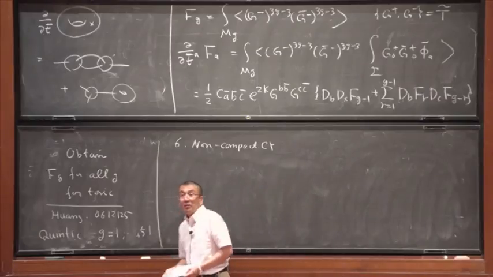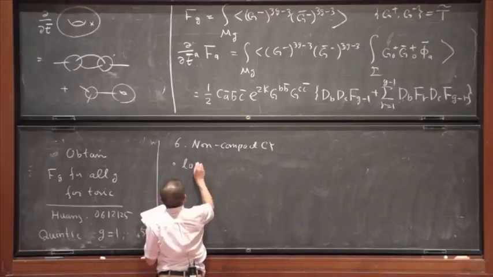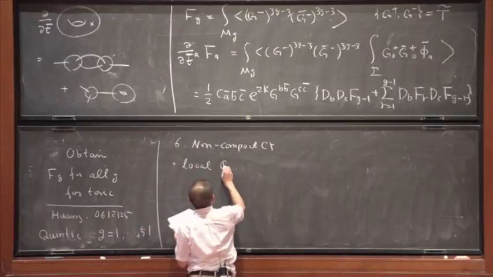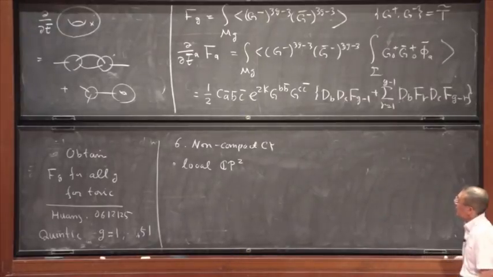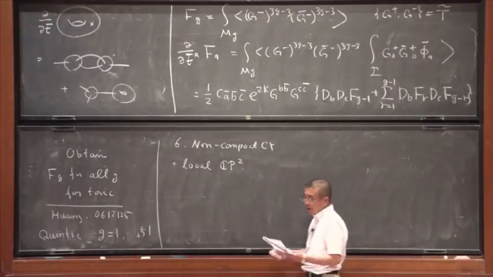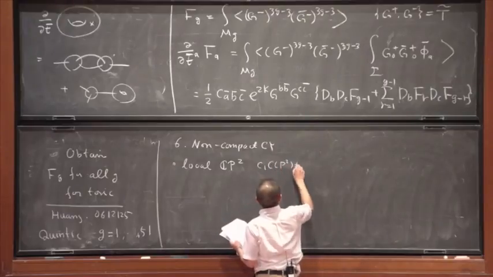So let me give you a few examples of non-compact Calabi-Yau manifolds. I would like to tell you first about an example, the so-called local CP2. CP2 is, of course, not Calabi-Yau, since the first Chern class is non-zero.